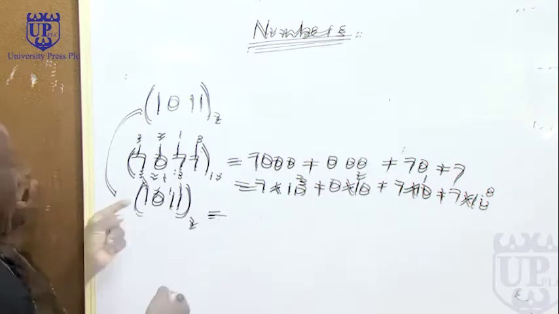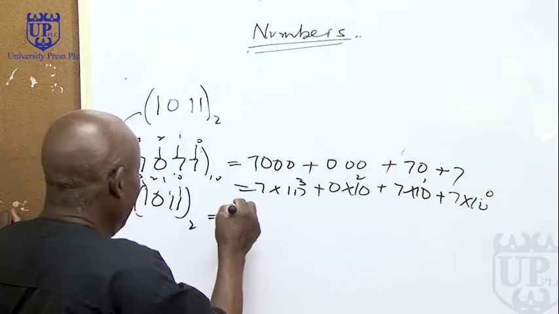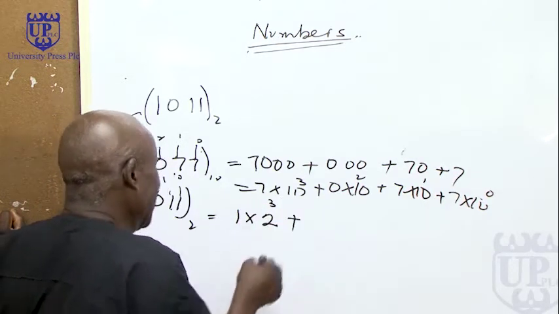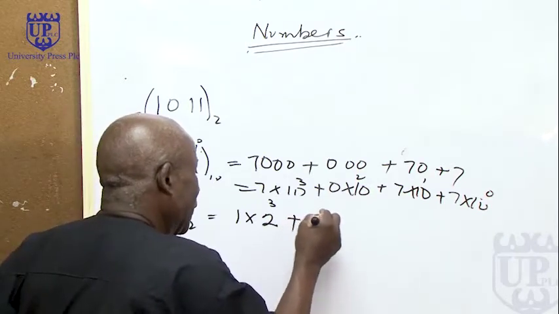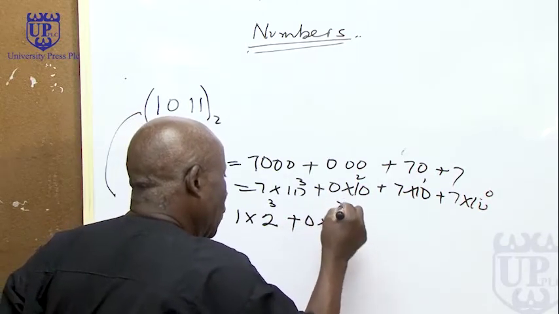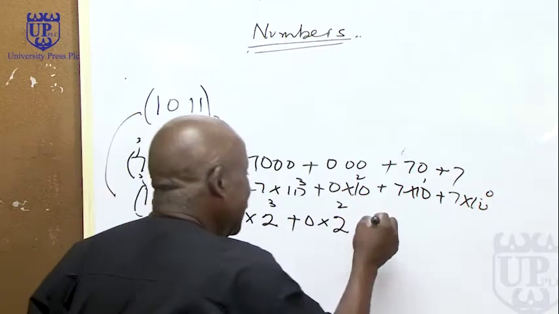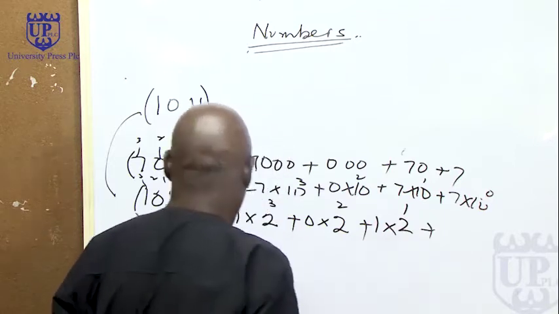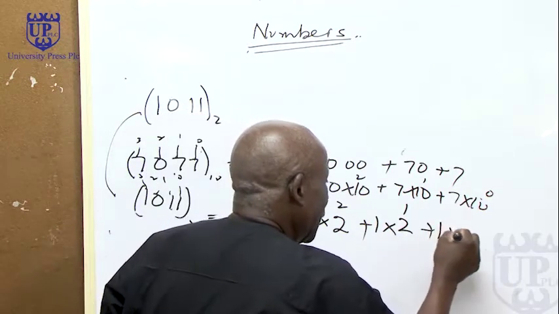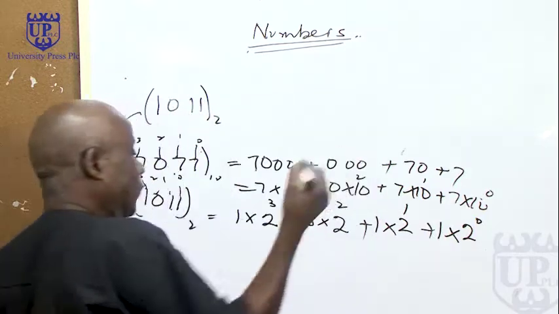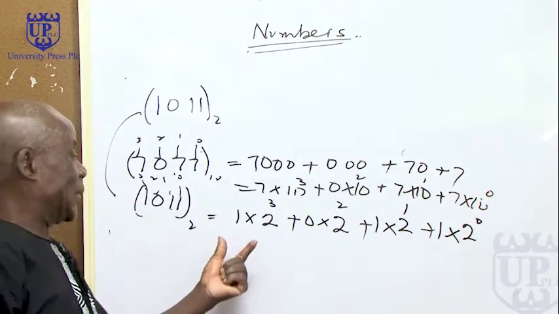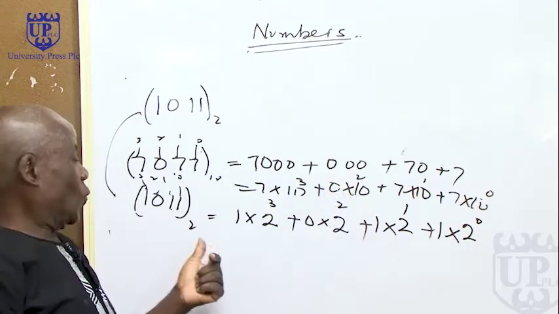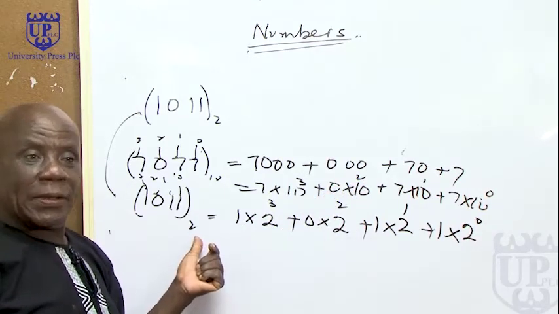This one will now be 1 multiplied by 2 raised to power 3 plus 0 multiplied by 2 raised to power 2 plus 1 multiplied by 2 raised to power 1 plus 1 multiplied by 2 raised to power 0. Compare. The only difference is when you evaluate this, what you are going to get is different from this one, because we are operating in base 2.